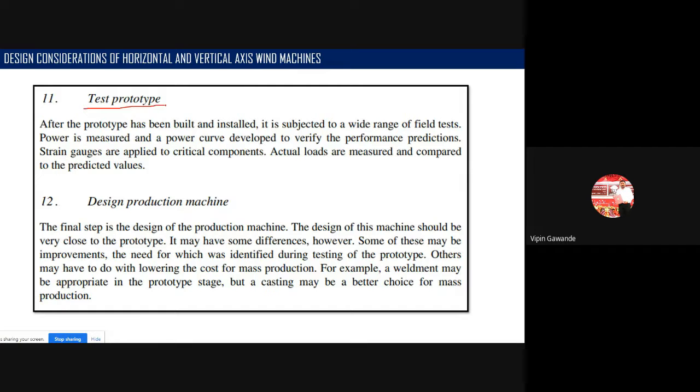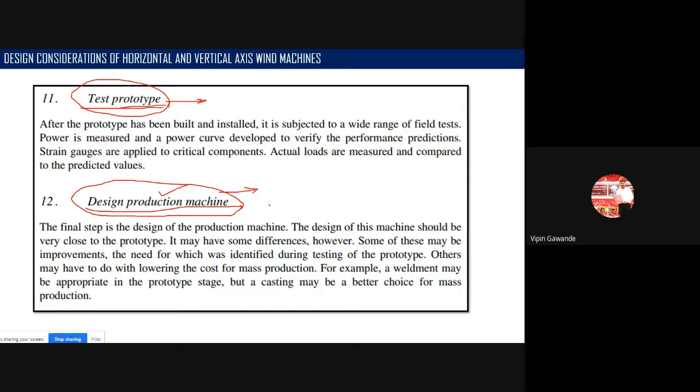Once the design is final, we go for the prototype, test it in the actual working conditions, and check the performance against the theoretical calculations. Once the performance is satisfactory, we will produce the production machines, so that we can produce multiple wind turbines for future use.